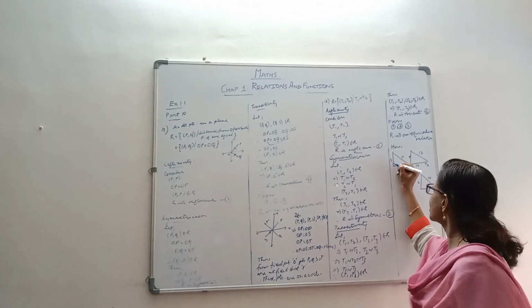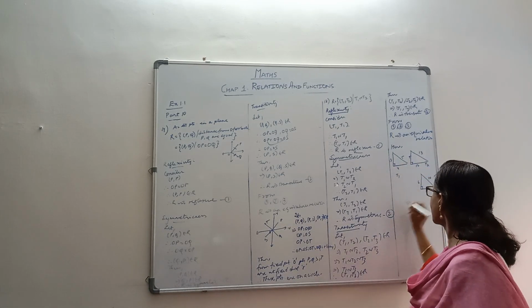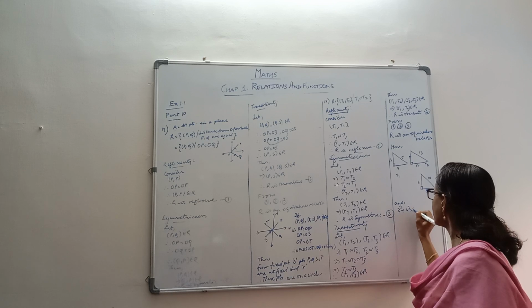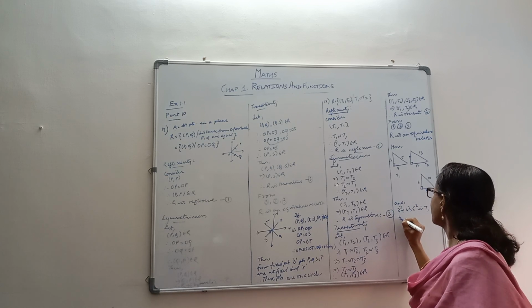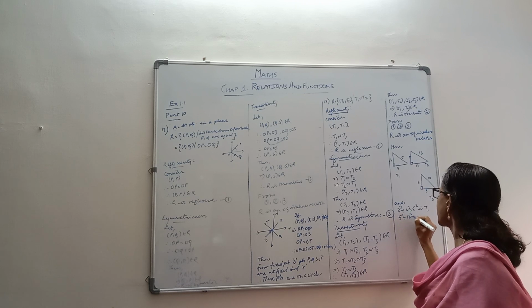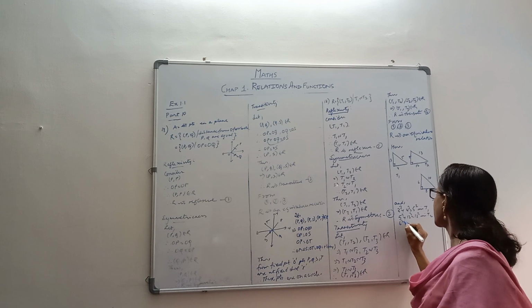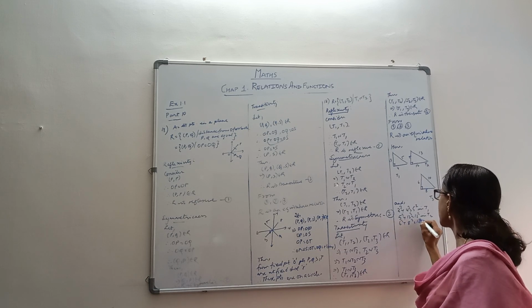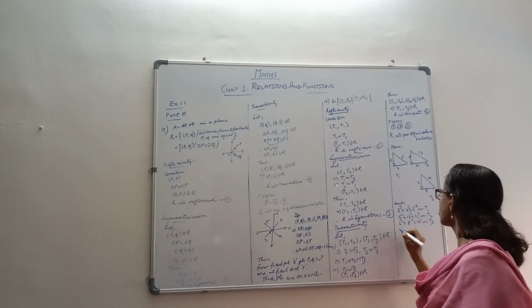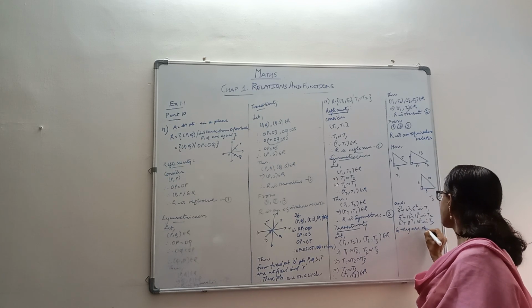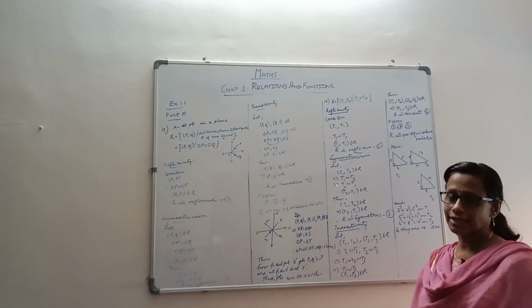So actually T1, T2, T3, they are all right triangles, and 3 squared plus 4 squared equals 5 squared in T1. 5 squared plus 12 squared equals 13 squared in T2. Then 6 squared plus 8 squared equals 10 squared in T3. So they are right triangles, right?